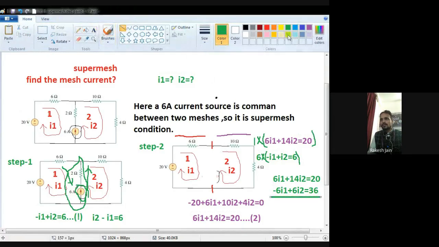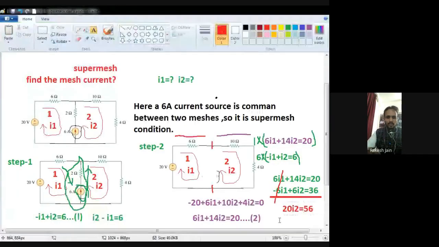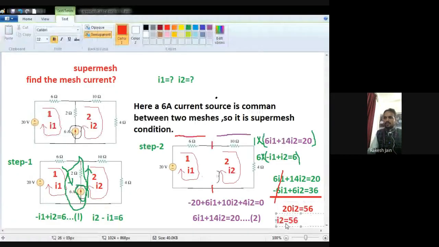Then 6 resistance comes, and current is I1. So plus 6 I1. Then I have to go for 10 ohm, and 10 ohm is at the right side of that dot mark, so we have to use I2 current. So plus 10 I2. Then again 4 ohm resistance came. So plus 4 I2, that is equal to 0.